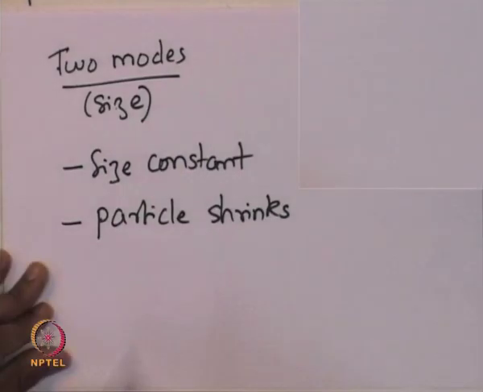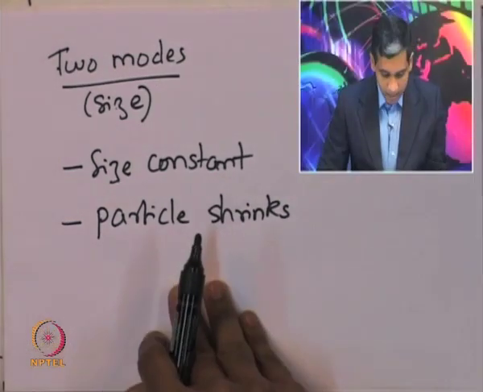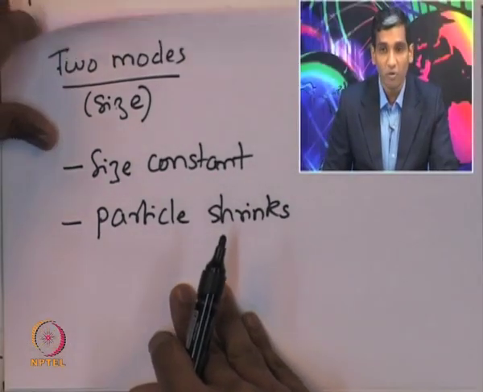Here it is assumed that the density of the solid reactant and product are not very different. It should be noted that if the densities are different, then the particle can also expand. So, let us look a little more deeply into these two modes.